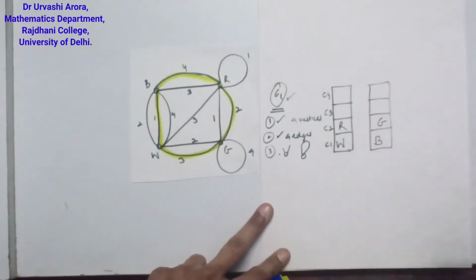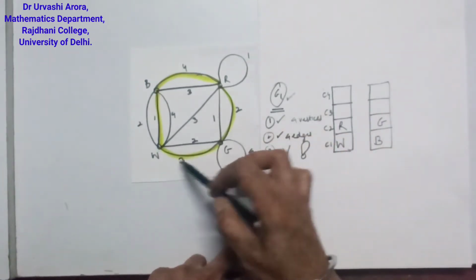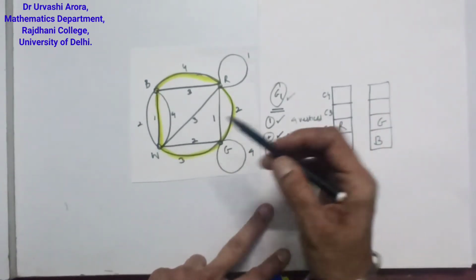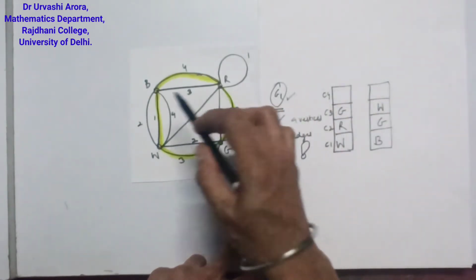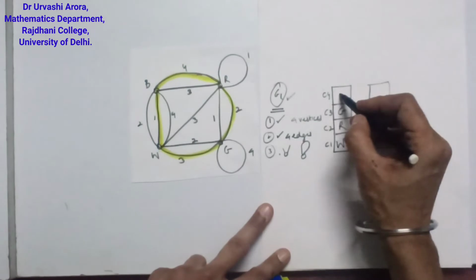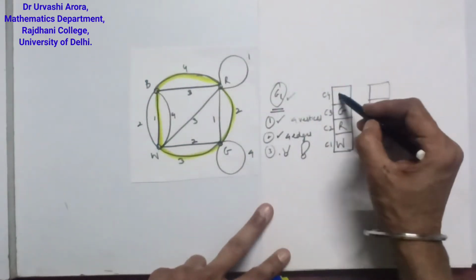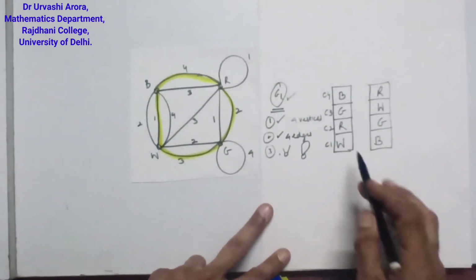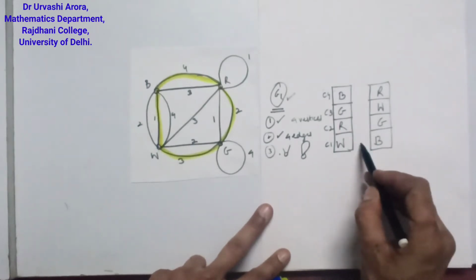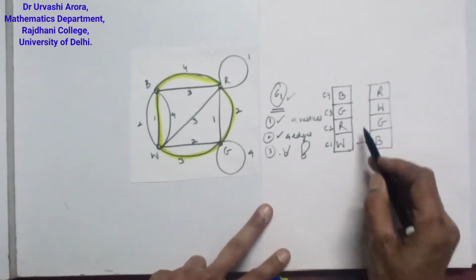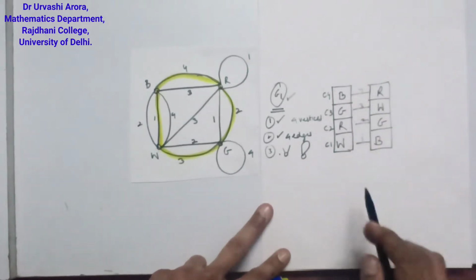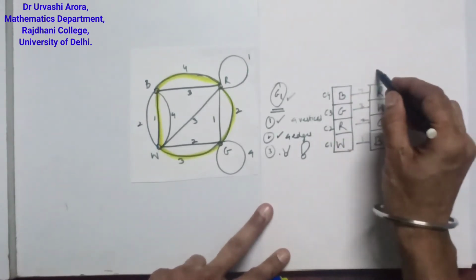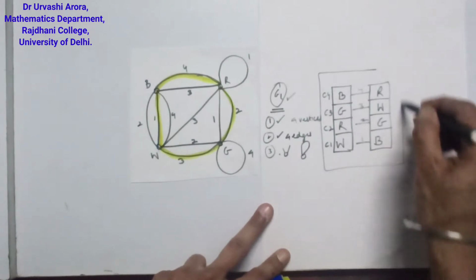So red and green are again the opposite faces. And then in cube 3, this is green and white. And then in cube 4, this is blue and red. So these are the opposite faces that we have. This is in cube 1, this is in cube 2, this is in cube 3, and this is in cube 4. This is what the subgraph G1 is representing.